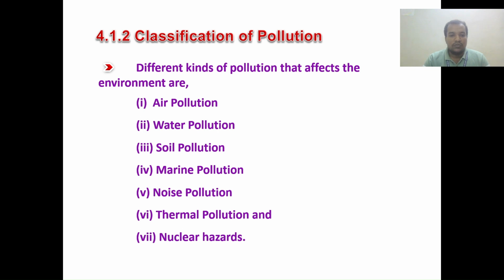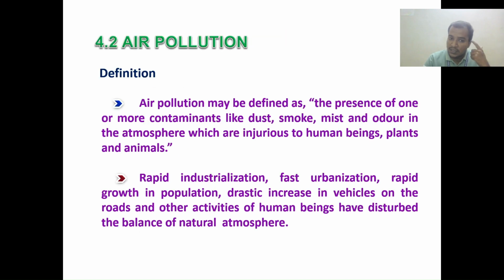And the classification of pollution: the different kinds of pollution that affect the environment are air pollution, water pollution, soil pollution, marine pollution, noise pollution, thermal pollution, and nuclear hazards. Air pollution is defined by the presence of one or more contaminants like dust, smoke, mist, and odor in the atmosphere, which are injurious to human beings, plants, and animals.